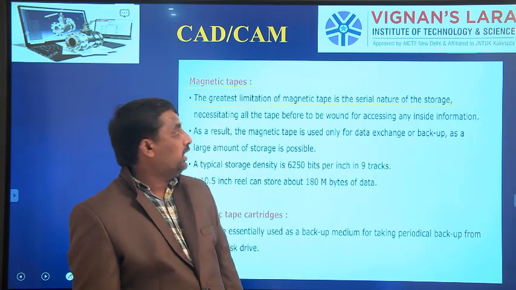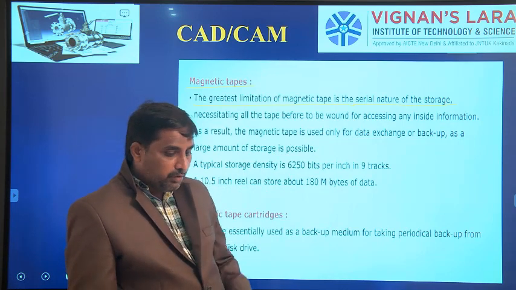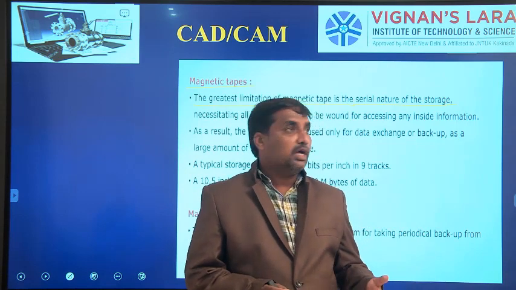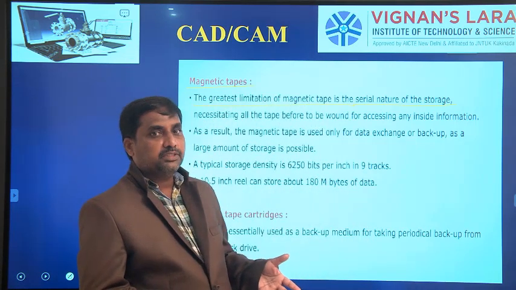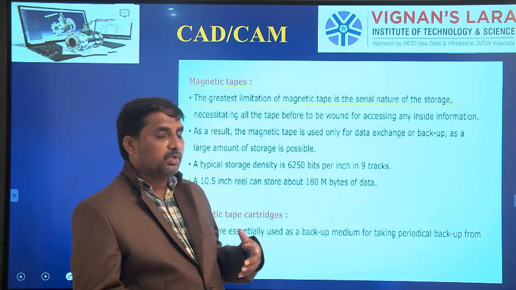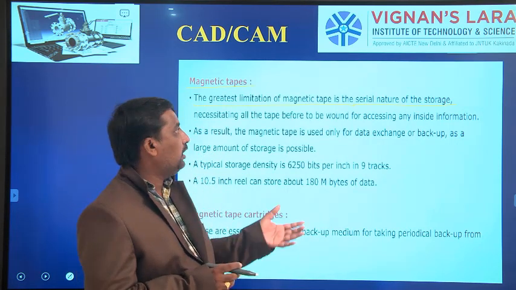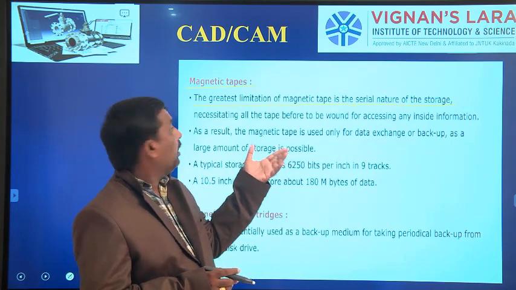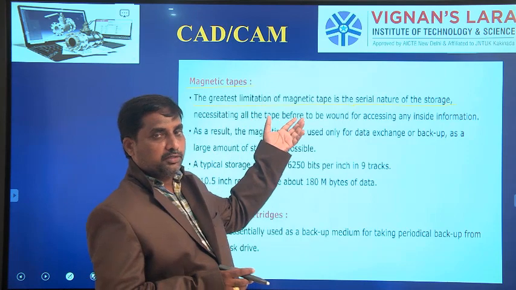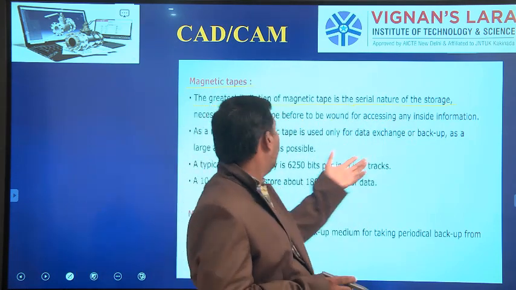That is the main limitation, because on a disk there is flexibility to store at different locations, that means random storage, and random access is good for us. But here the magnetic tape has only serial storage. You can't store the data randomly on magnetic tape.